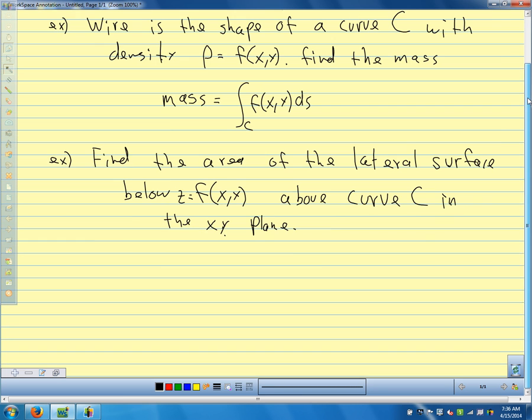So let me draw a picture. Here's my surface above the xy plane. Here's curve C in the plane, and we want the area of the lateral surface along this curve.